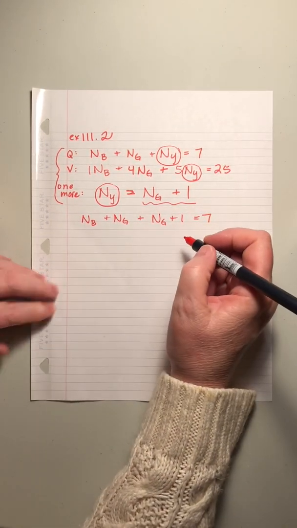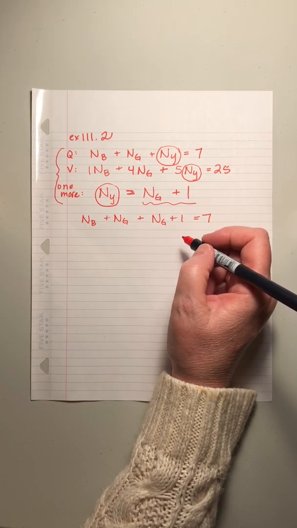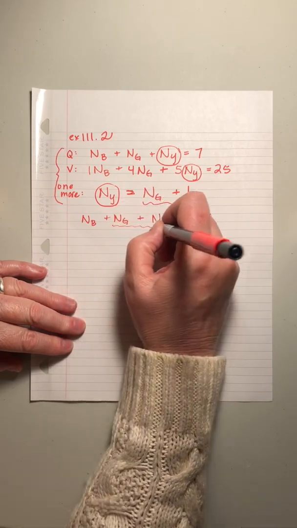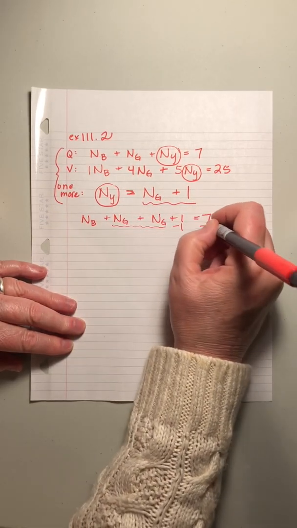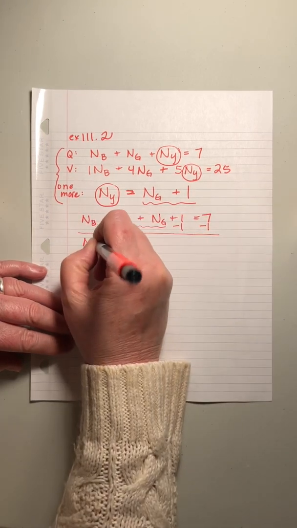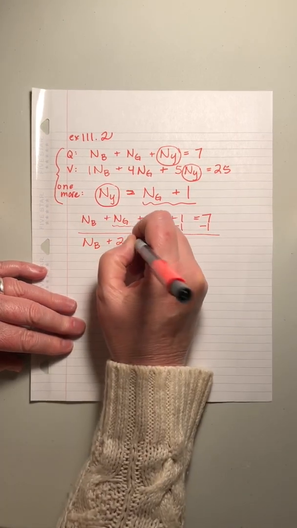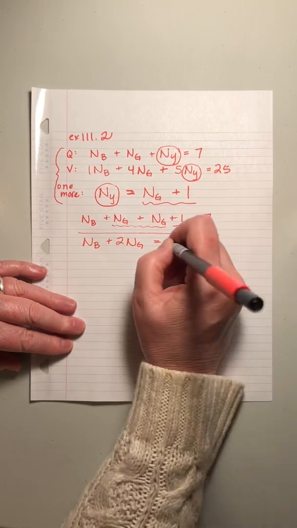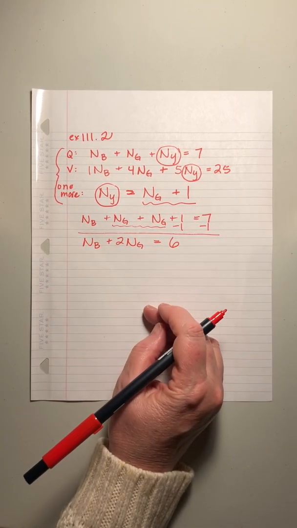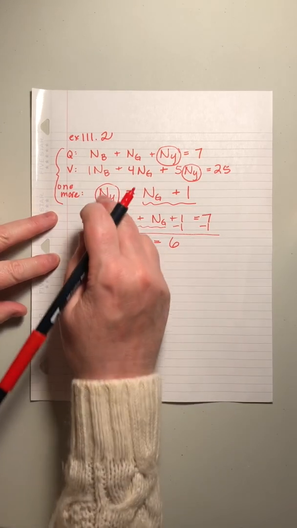And then I'd like to combine these like terms, and then I'm going to subtract 1 to clean this equation up. So the number of blues plus 2 times the number of greens equals 6. Okay? And now we have to do the same thing.